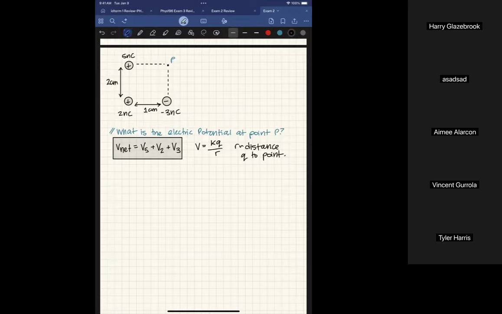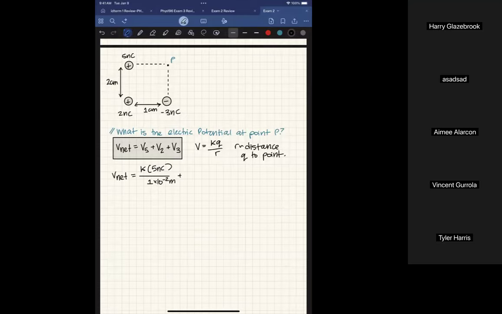So starting off here, potential from our 5 nanocoulomb particle is just going to be K times 5 nanocoulombs divided by the distance between the 5 nanocoulomb particle and my point, which is 1 centimeter, 1 times 10 to the negative 2 meters.